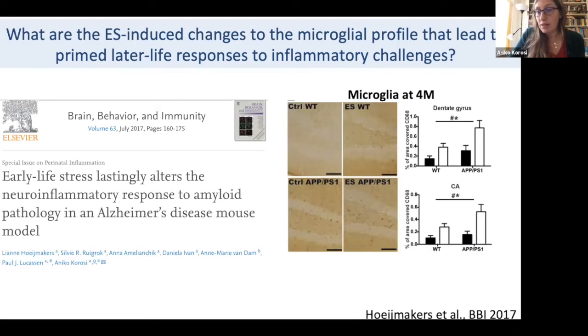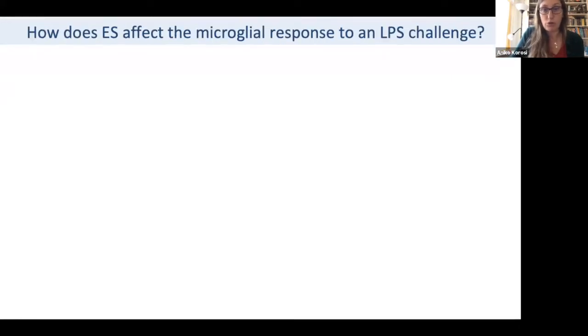And what we see is that, as expected, the APP mice under a control situation already exhibit an increase in microglia CD68, which is to be expected, of course. But in addition to that, the early life stress exposed APP mice have a super exaggerated response to this, indicating that maybe the microglia from mice that have been exposed to early life adversity might be hypersensitive or in any case differently primed to respond to challenges. So this is the question that we decided to follow up in the study that I will show you today.